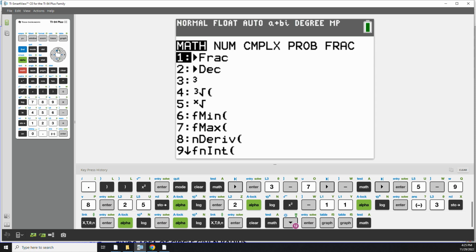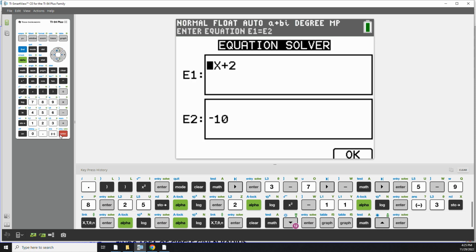Math, solver. Now today's test has something, shoot, let's look at it. We've got time. Everybody take out your test. And this is a mean question. It's kind of a mean question.